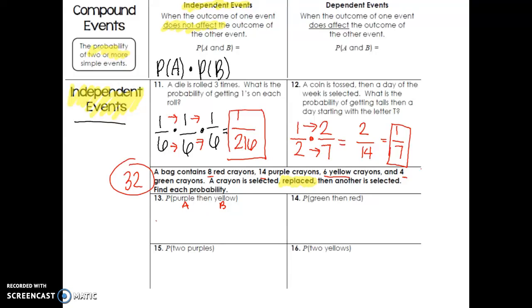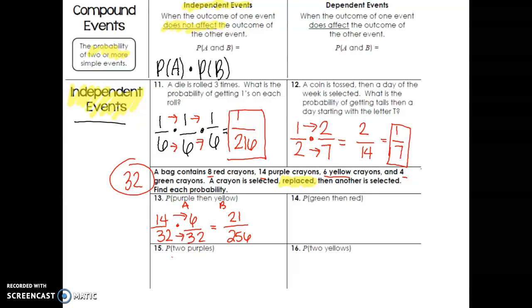So for probability of purple, that's going to be 14 out of 32. But I put that purple crayon back, and so then I want to choose a yellow one. So that's going to be 6 out of 32. Going to multiply straight across, and that in its simplest form is actually going to be 21 out of 256.